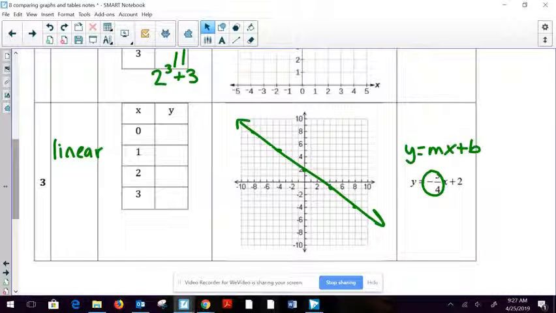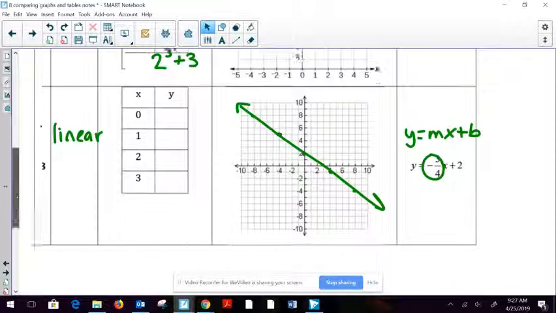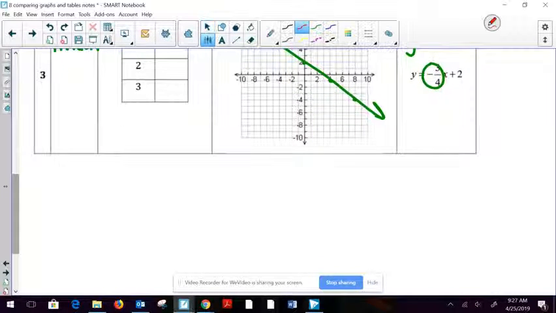Again, key things you want to look for to summarize everything, for linear equations: if you're going to call something linear, it would be a straight line.